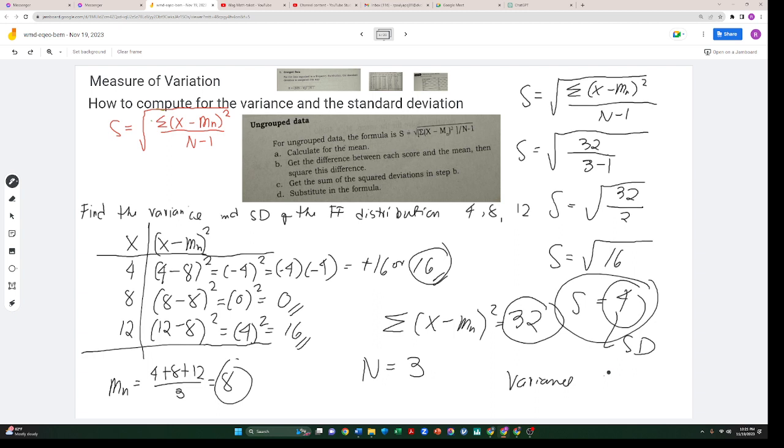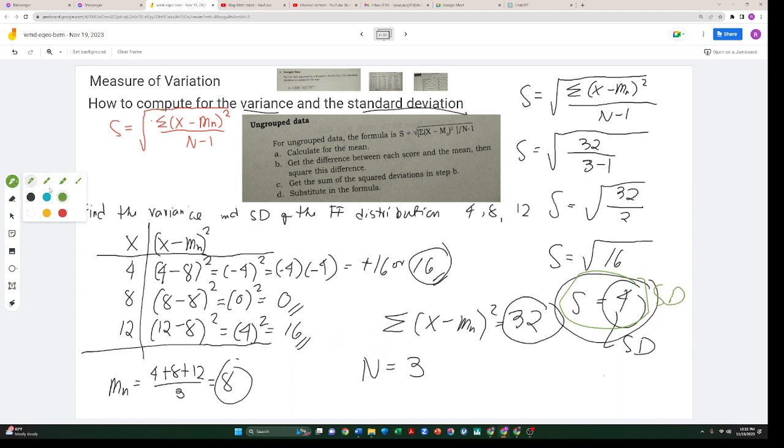So if you square the standard deviation, 4, you get the variance. You have both standard deviation and variance.